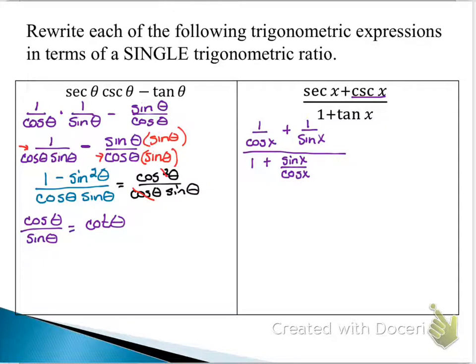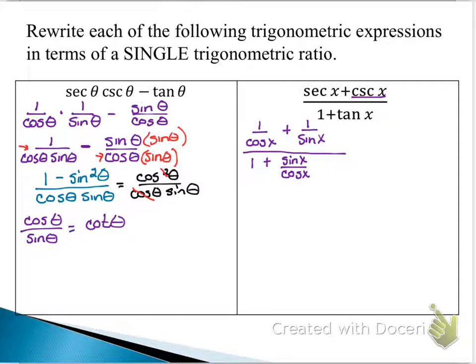All right? And so I want to go ahead and get all of these in with the same denominator. So in the numerator, I want a single fraction here, and I want a single fraction here. So that's what the goal is going to be here.